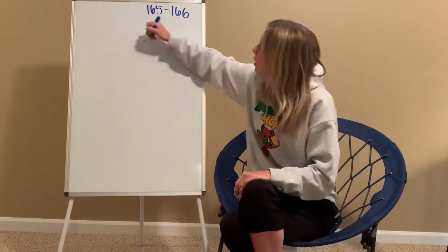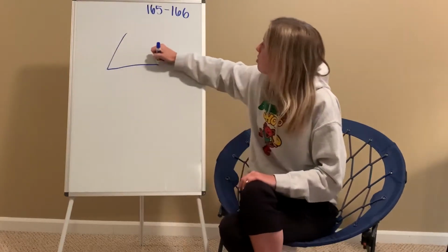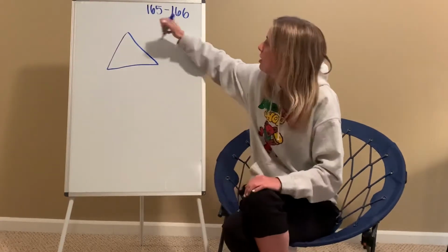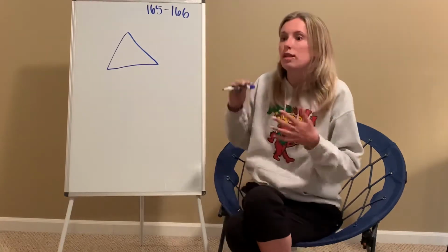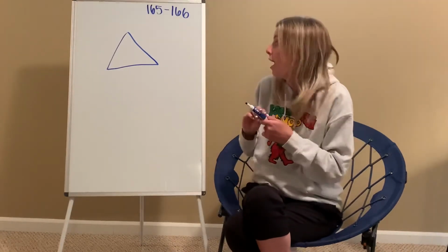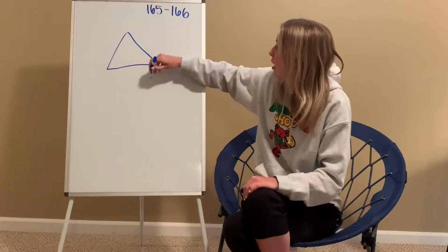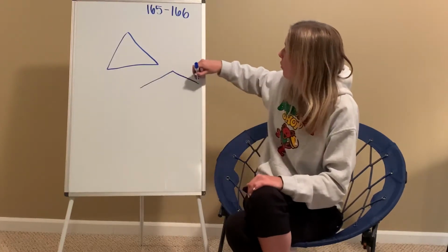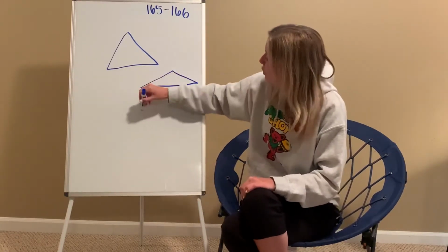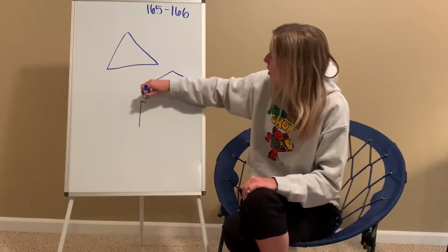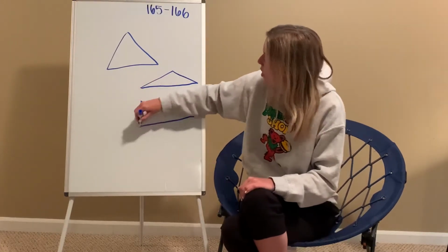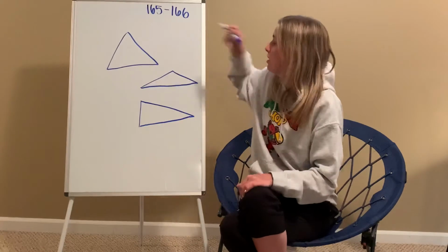But today we're talking about triangles, and a triangle has three sides. Now, it's okay, sometimes triangles might not be all the same length. So you might have a triangle that looks like this. You might have a triangle that looks like this. You might have a triangle that has three perfect sides.